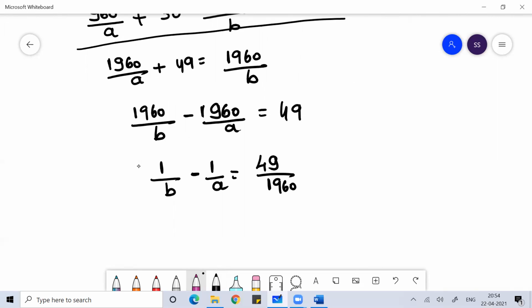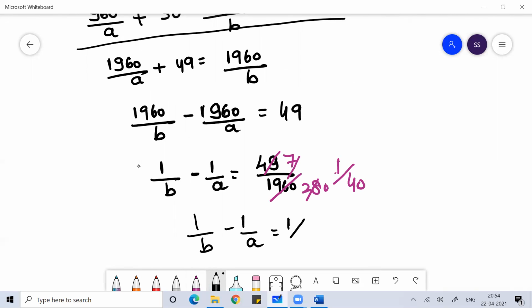I can simplify this: 7 times 7 is 49, and 1960 is 7 times 280, so this is 1 by 40. So you can say that 1 by b minus 1 by a is equal to 1 by 40. This is the third equation. So you got all three equations.